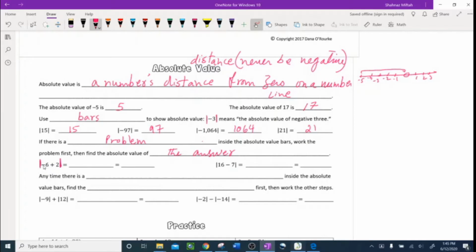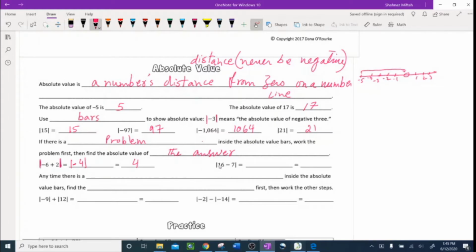Different signs, you subtract and keep the sign of the bigger number. Bigger is negative because 6 is bigger. You subtract, so 6 minus 2 is going to give me 4. And it's within the absolute bars, so I solved the problem first. Now I'm going to take it out from the absolute and it will turn positive because now it's a distance, the answer. The answer has to be positive. Oh, I already did that. Okay, so let me erase this.